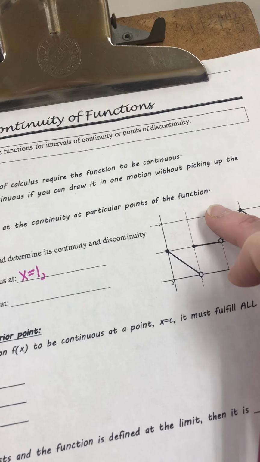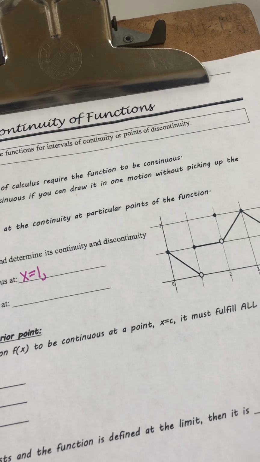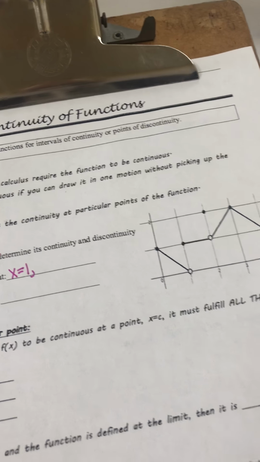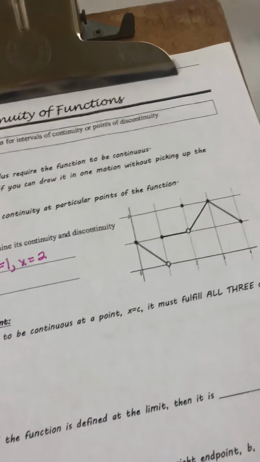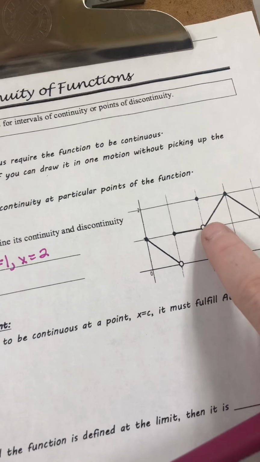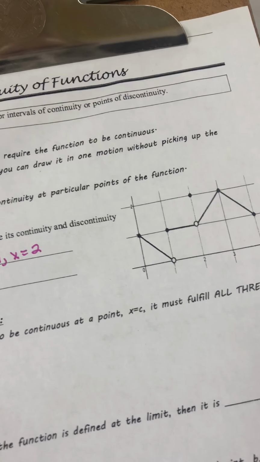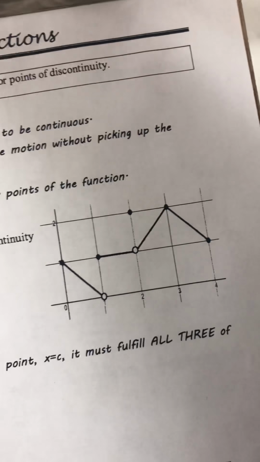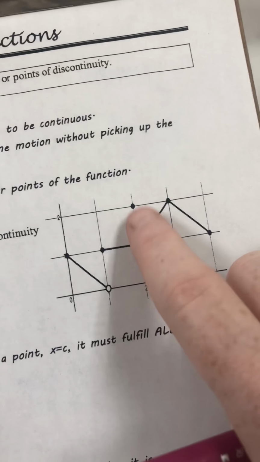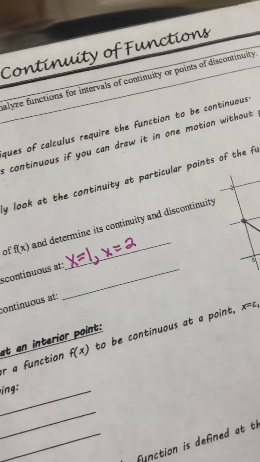F of 2 is at 2, so that's where your function would go. Okay, so that means it's also discontinuous at x equals 2. Then if I keep doing my pencil, I can draw the rest of it, okay? So it's just discontinuous at 1 because we have a jump, and then at 2 because f of 2 is not where the graph is heading towards, okay?